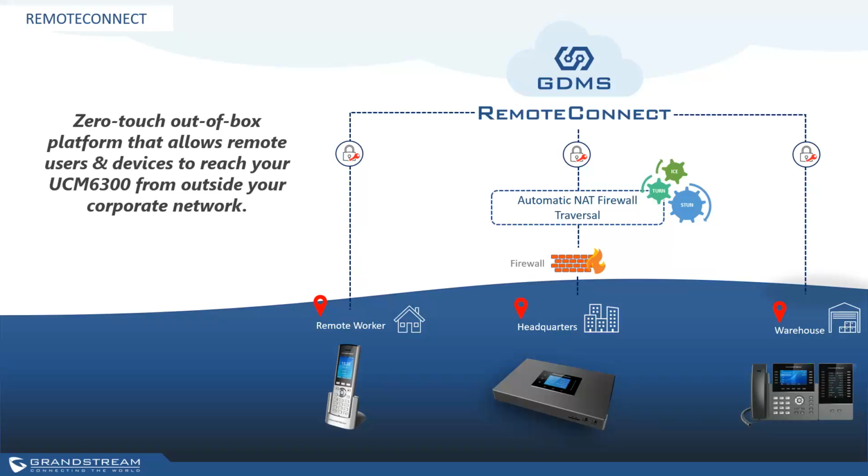So when you go to the UCM and you enable RemoteConnect on the UCM and the GDMS, the UCM will automatically use the STUN and TURN services built into GDMS. So you do not have to go online and search for servers that provide such services, because GDMS will send that information automatically to the UCM.